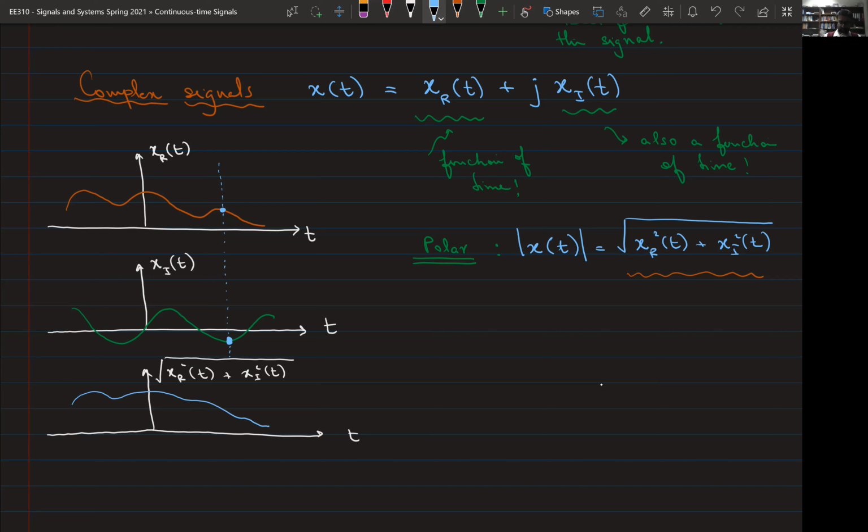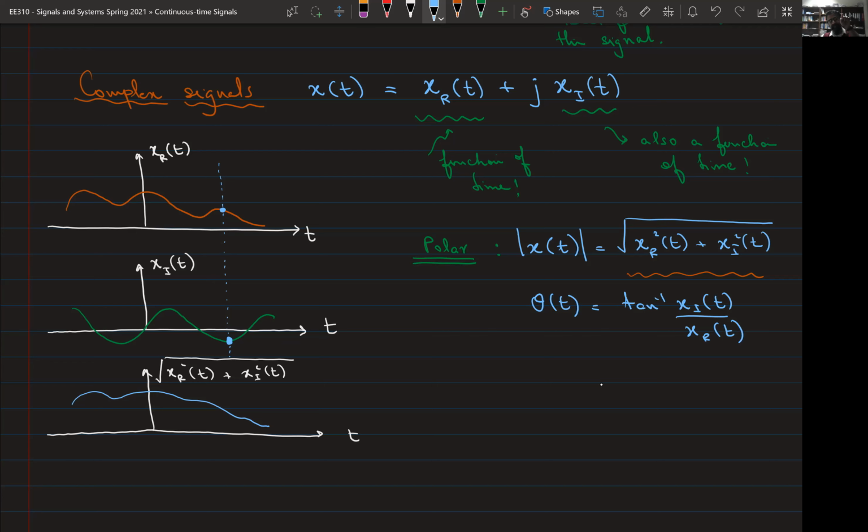Okay? So it turns out that the absolute value of x of t is also a function of time. And the similar thing I can say about theta of t as well. If I just say tan inverse of xi of t divided by xr of t, that will give me the phase, but as a function of time.